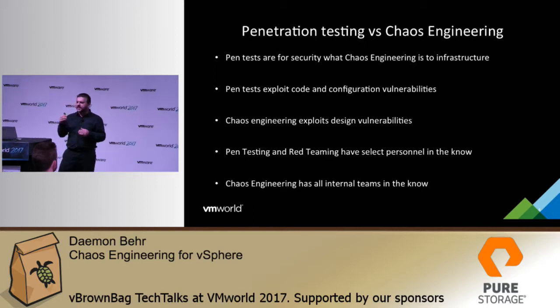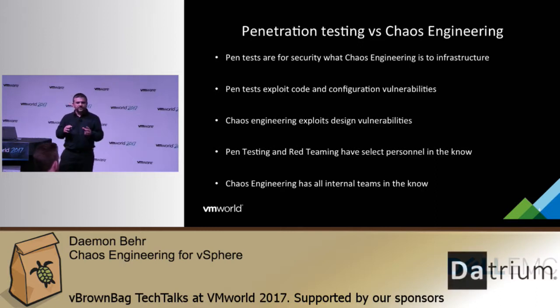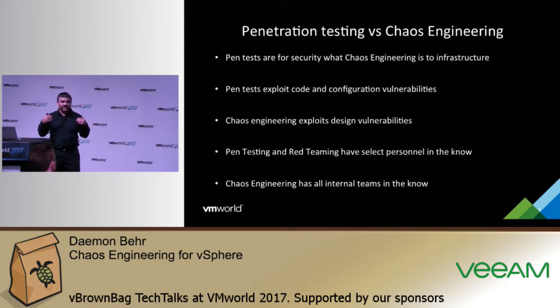Pen tests exploit code vulnerabilities and configuration vulnerabilities. Chaos engineering exploits design vulnerabilities. Pen testing and red teaming are usually done with the knowledge of a select few within the organization, whereas chaos engineering is much more open, and it tries to involve as many people as possible when you're actually doing it.